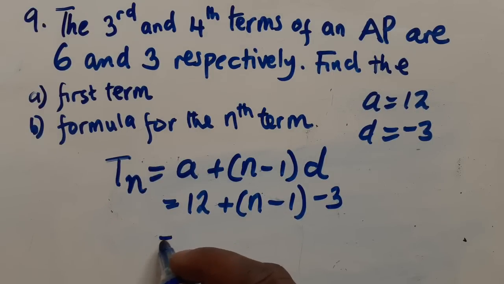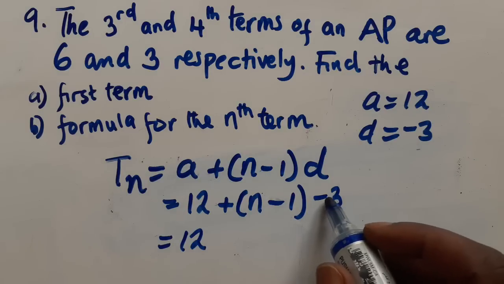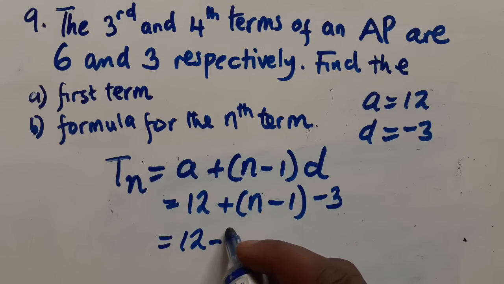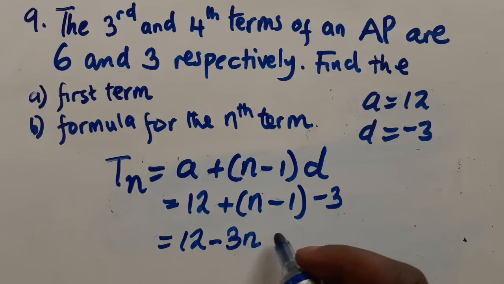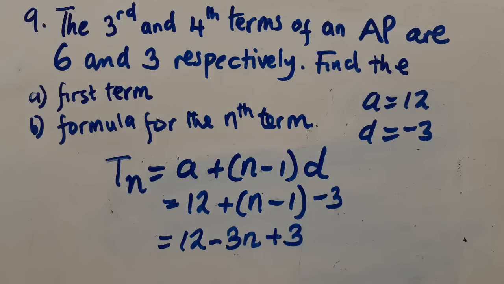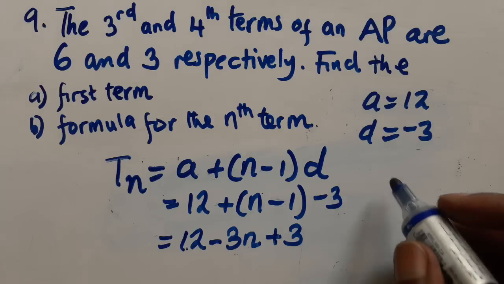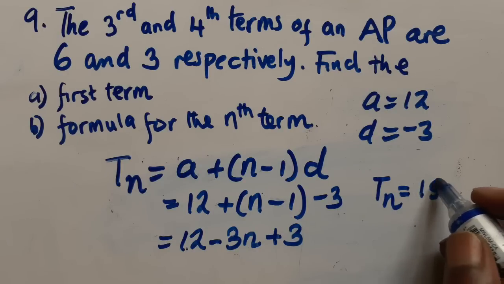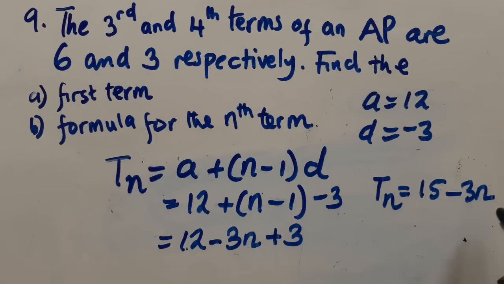I have 12, and you multiply each one of these terms by negative 3, so we're going to have minus 3n plus 3. Then you put the like terms together. 12 plus 3, what do you get? So tn is equal to 15 minus 3n. This is what is going to be the answer.